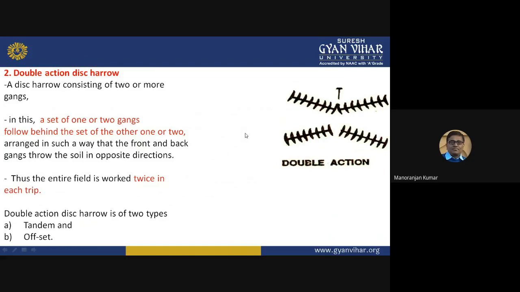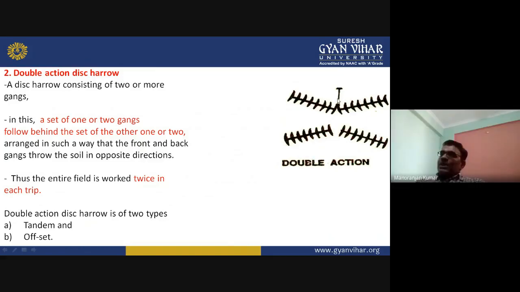In this double action disc harrow, a set of one or two gangs follow behind the set of the other one or two, arranged in such a way that the front and back gangs throw the soil in opposite directions.